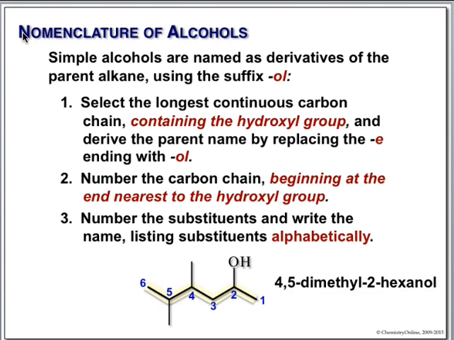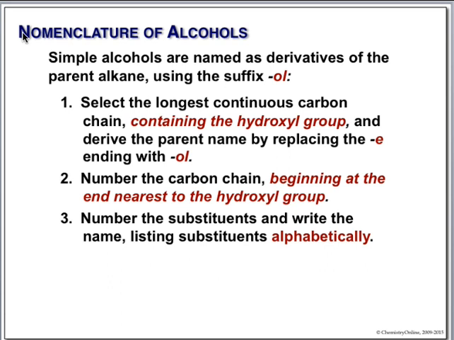We would call this 4,5-dimethyl-2-hexanol. Now there's another nomenclature that is often used, and that is to move the 2 from here down to in between the N and the OL. We'll see some examples of that in just a moment.